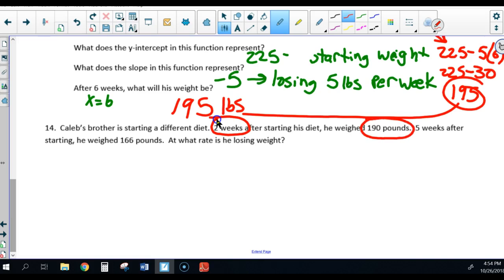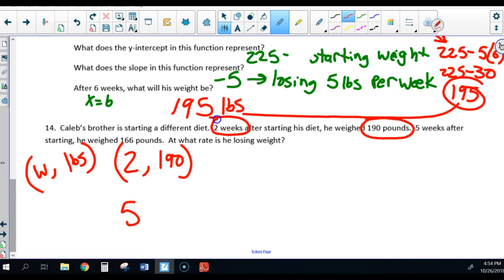After 2 weeks, he's 190 pounds. So, I could think of that like weeks, comma, pounds, the ordered pair is 2, 190. After 5 weeks, he is 166. We need to find the rate. The rate is the slope.